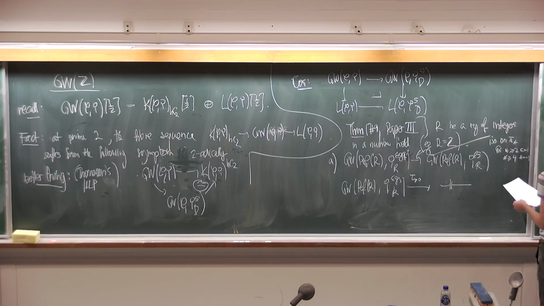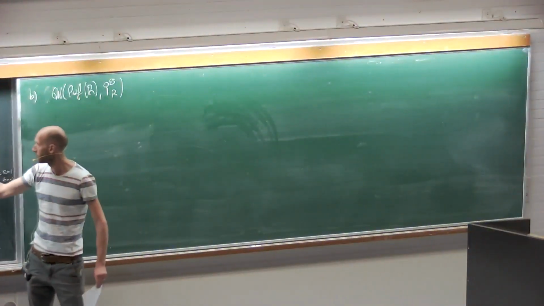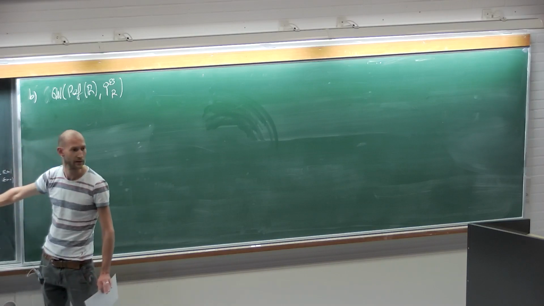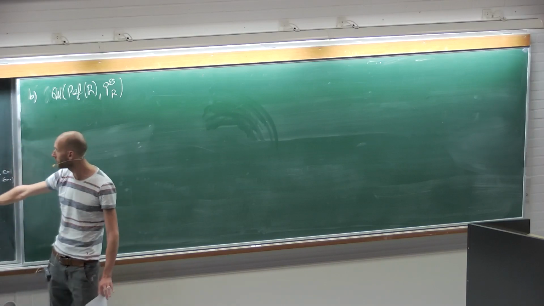So let me continue with statements, and then we see where we go. The second statement is that I can look at GW of Perf R with the symmetric structure. And in some sense, here I explain to you from the perspective of a ring of integers in a number field, I understand these terms as well as I can once I understand this. Okay, so from now on I care about this.